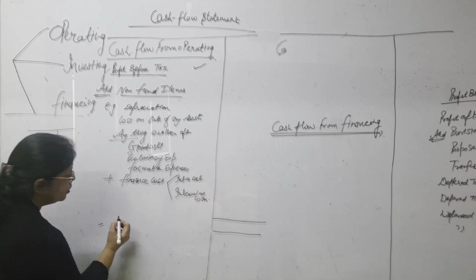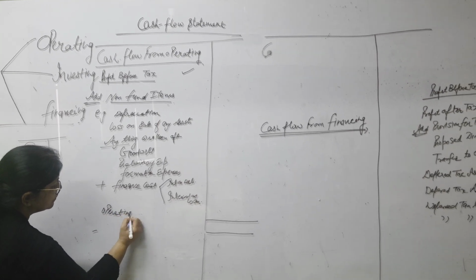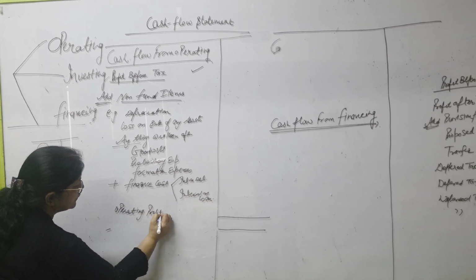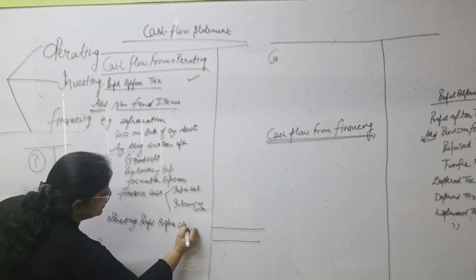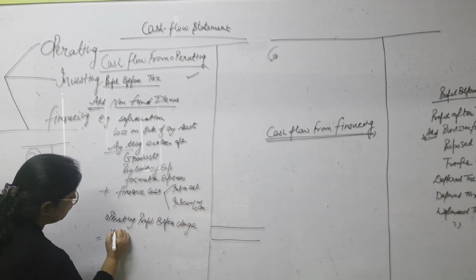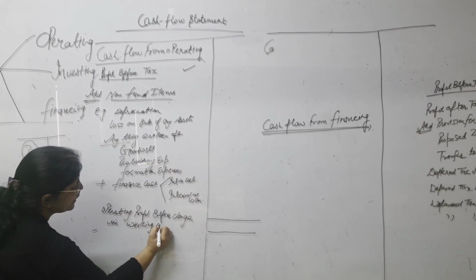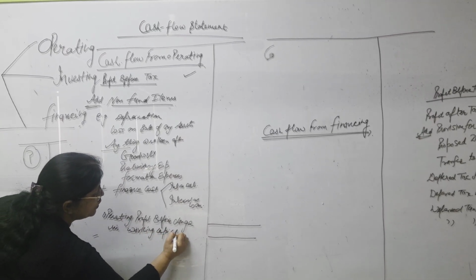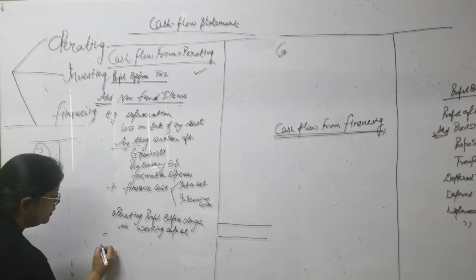This will be your operating profit before change in working capital, and working capital is equal to current assets less current liabilities.